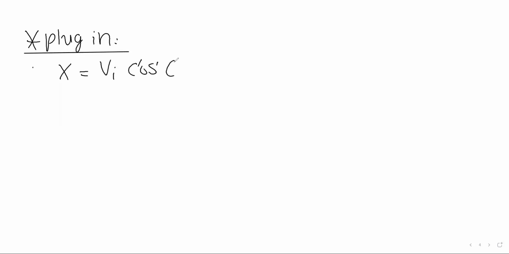Finally, remember, we went off on that tangent to solve for x and use the equation x equals v initial cosine theta t. So that's 30 cosine of 45 degrees times the time we found.